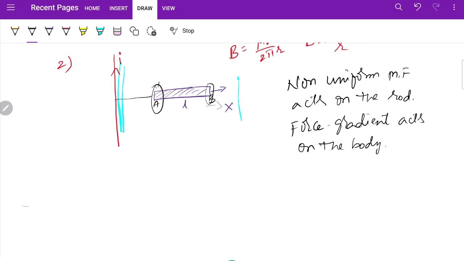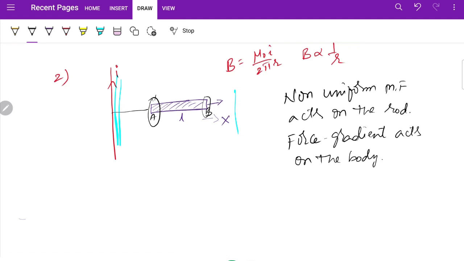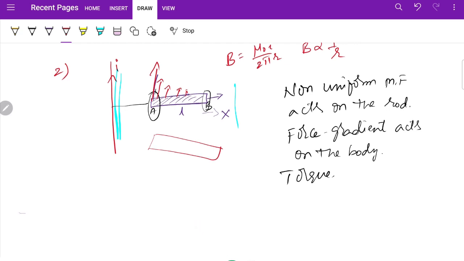So because of this, the rod will experience a torque acting on it. It will experience a maximum force at one end and a minor force at the other, like this. So the rod will experience a force like this. Okay, so this is scenario 2.